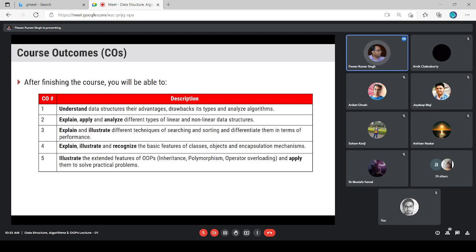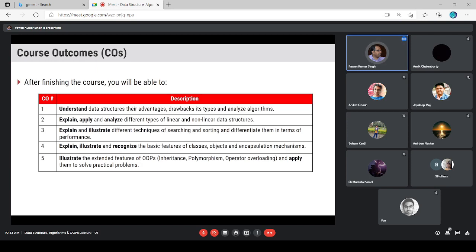In CO3, we are having the different techniques for the searching and sorting, and based on which we will differentiate them in terms of performance, that which searching algorithm or which sorting algorithm is the best, or which one is the optimal, or which one is the worst. And in CO4, we will move on to the OOPS part.